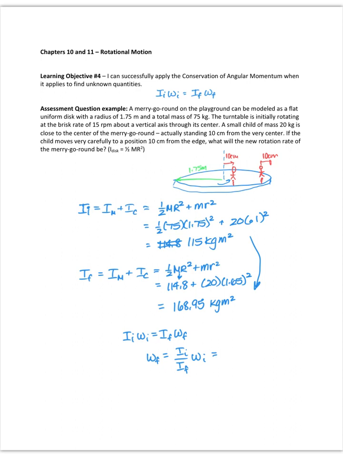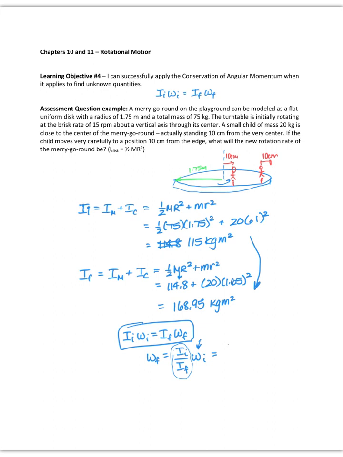So I rearranged the conservation of angular momentum here to solve for the final angular velocity. And I wanted to just mention that in this case, because we're just taking the original angular velocity and multiplying it by a ratio of moments of inertia, which will be a pure number, I could actually keep the rotation rate in RPM.